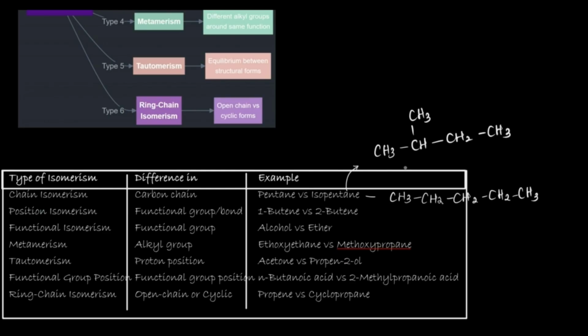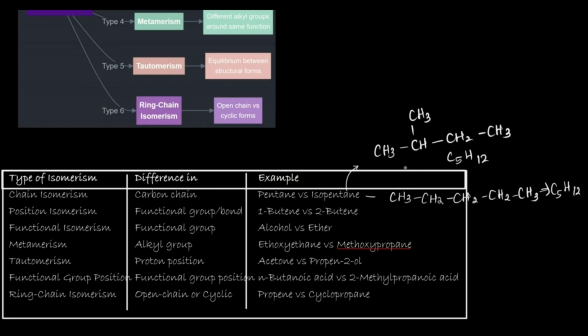Right? What is the molecular formula of isopentane? 5 carbons are there. How many hydrogens? 3, 6, 7, 8, 9, 10, 11, 12. C5H12. What about pentane? Once again 5 carbons. And how many hydrogens? 9, 9 plus 3, 12 hydrogens. Right? Same molecular formula but different way of attachment in the same chain.